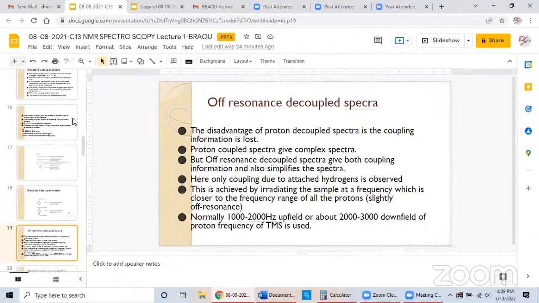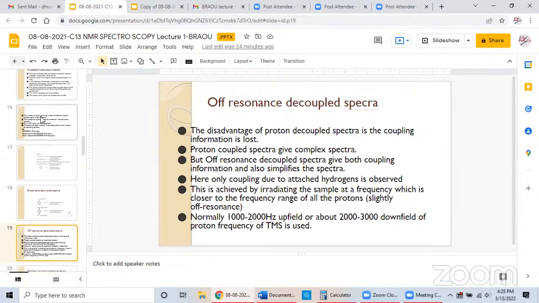If you observe off resonance decoupled spectra, what we studied: undecoupled spectra, even for simple molecules, are complex because they give more lines. In proton decoupled spectra, all the coupling information is lost.